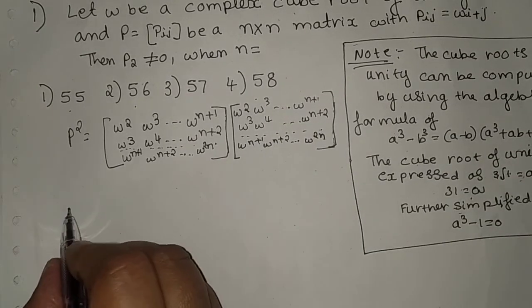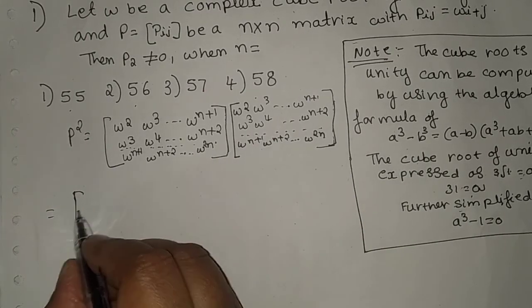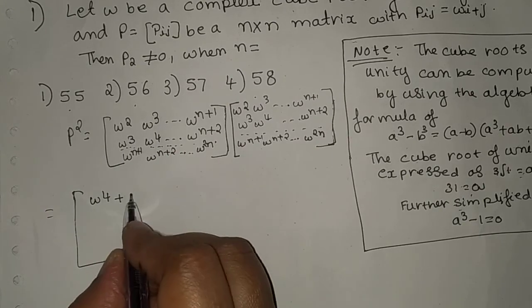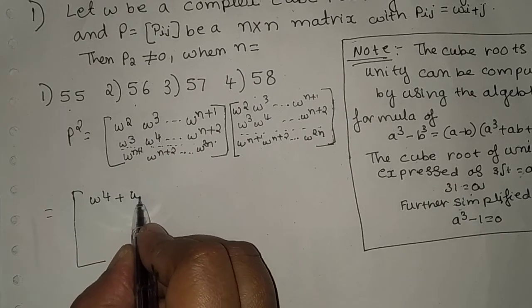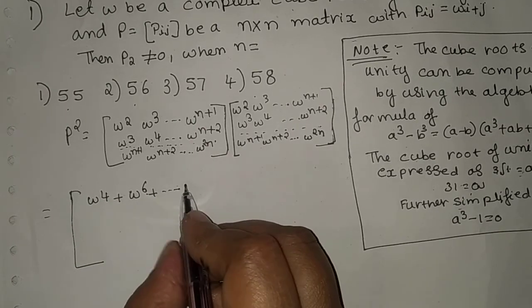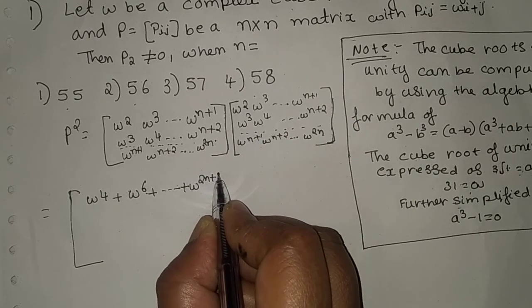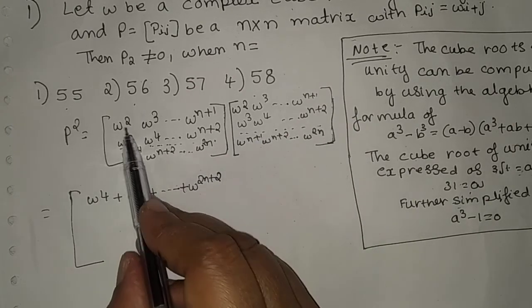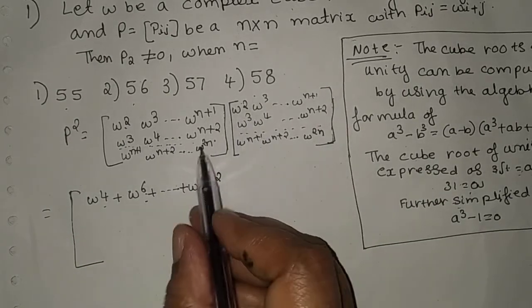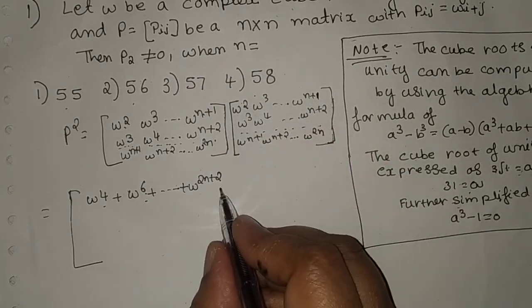So now P square can be written as this. Combining this, how much do we get? First is w4 plus w6, then plus w^(2n+1) and w^(2n+2): w square times w square is w4, then 3 and 3 is 6, then n plus 1 and n plus 1 will become 2n plus 2.